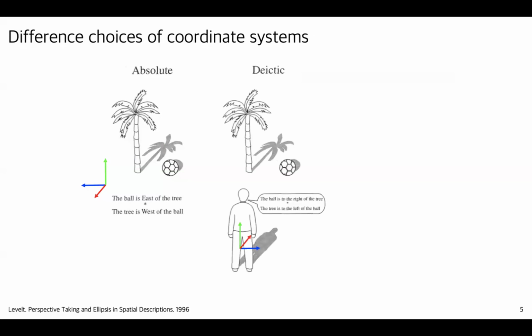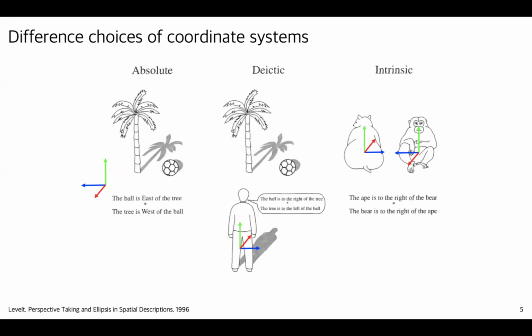Then there is another coordinate system, the so-called deictic coordinate system, where we define the coordinate based on our own observation. So let's say a human is standing in front of the tree and the ball, and he may describe that the ball is to the right of the tree, and the tree is to the left of the ball.